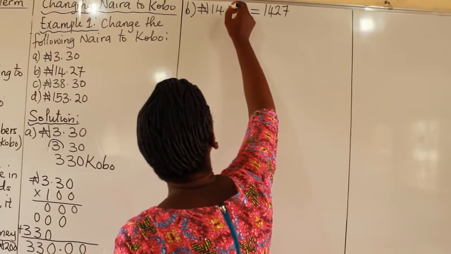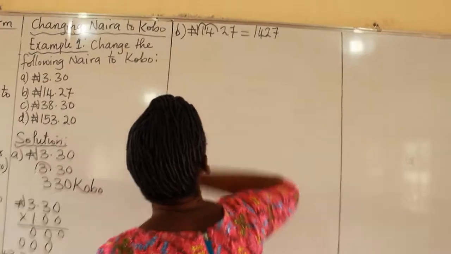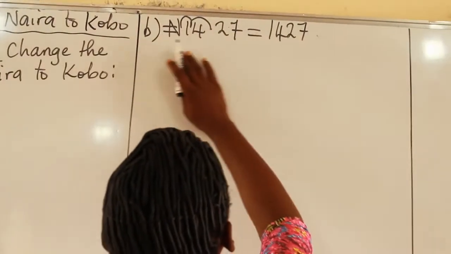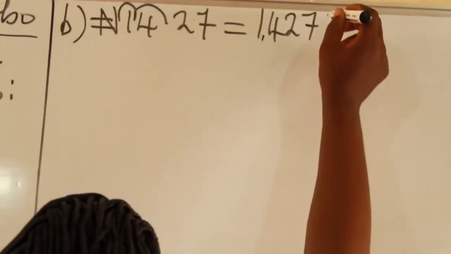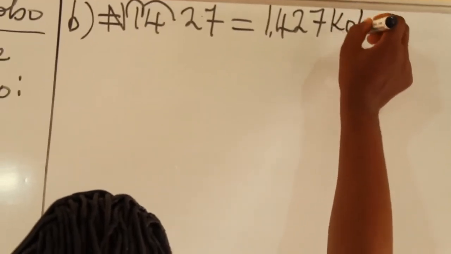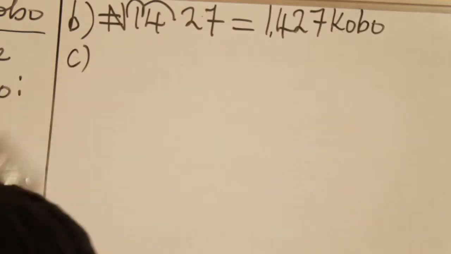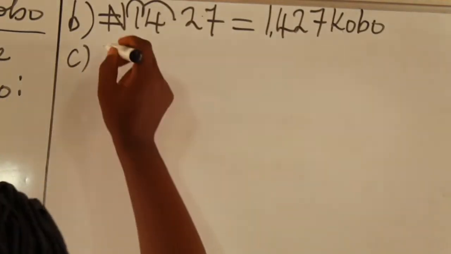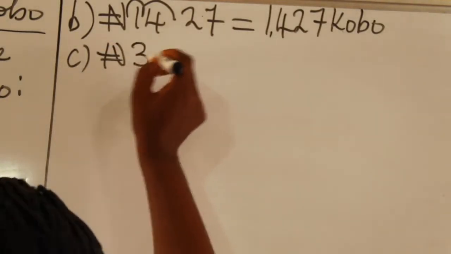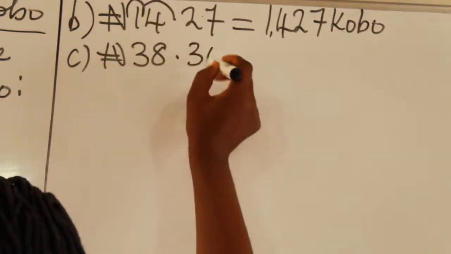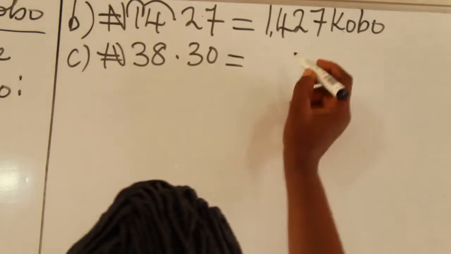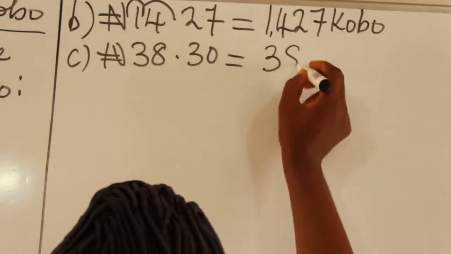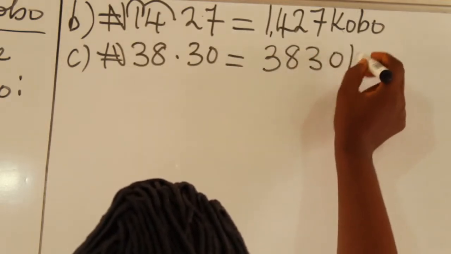By the time you move this to this side, simply remove the decimal point, and then you have 1427 kobo. For C, you change 38 naira 30 kobo to kobo. When you move your decimal point, you now have 3830 kobo.